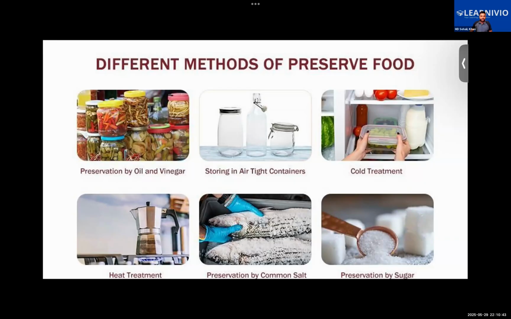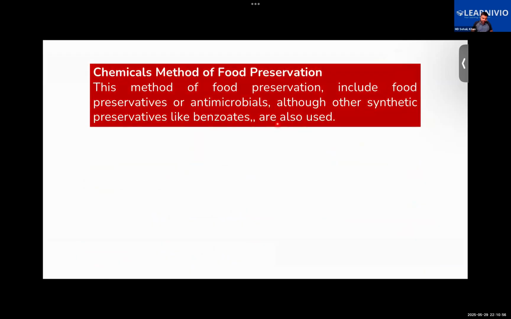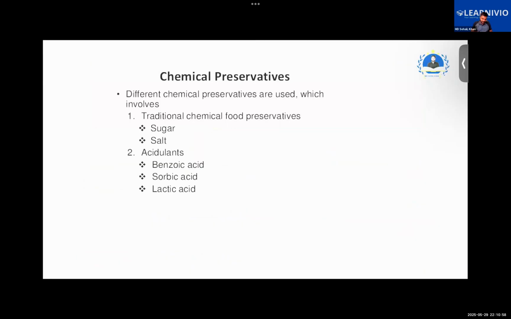Or what we can do is add sugar, salt, even mustard oil and vinegar. We can use some special chemical preservatives like sodium bisulfite, and benzoates can be used here. Chemical substances are also available in the market that can be added to the food to prevent its spoilage.